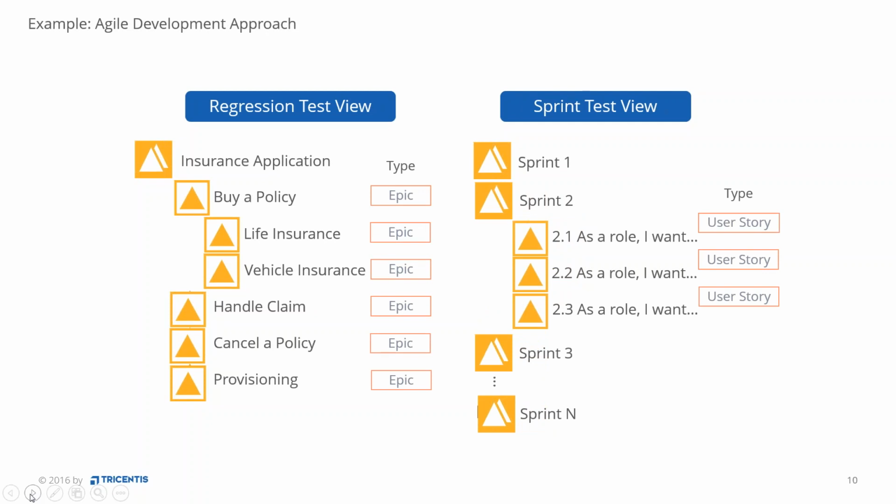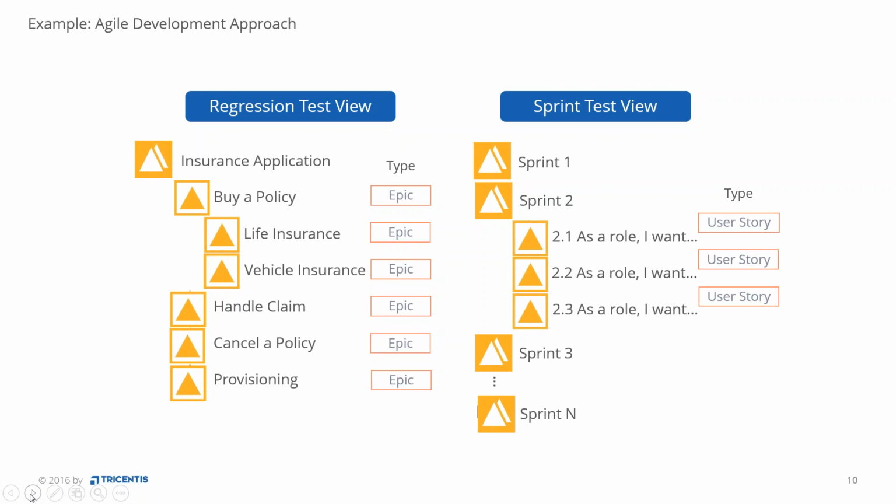If you follow an agile development approach, you can also set up the requirements to reflect that. So in the exact same example with an insurance application, you can see that you can have different epics set up in your regression tests.